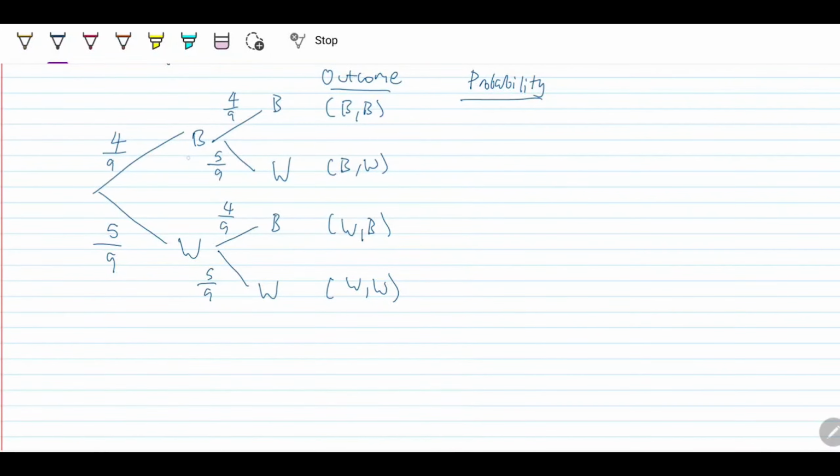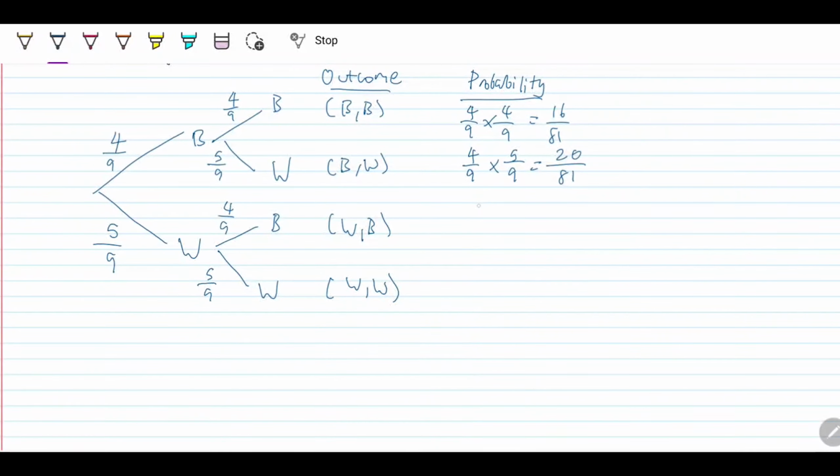So we are back. Now, to get the outcome B and B, it's going to be 4 on 9 multiplied by 4 on 9, which will give me a value of 16 on 81. To get BW, it's going to be 4 on 9 multiplied by 5 on 9, which will equal 20 on 81.